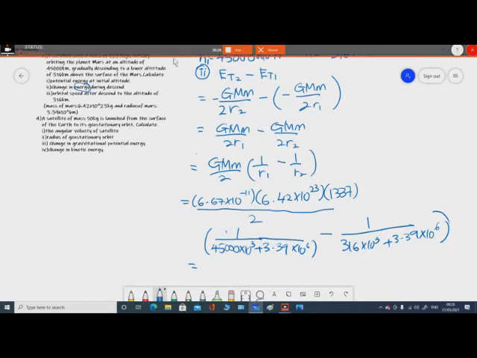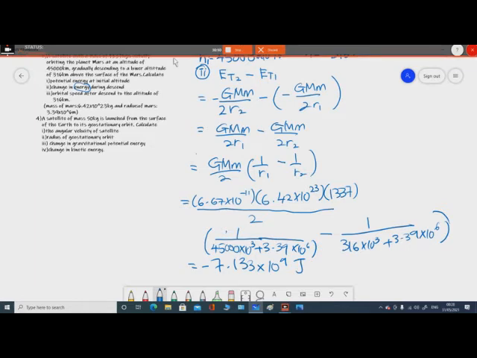So the final answer we get is negative 3.133 times 10 to the power of 9. So this is in joules.